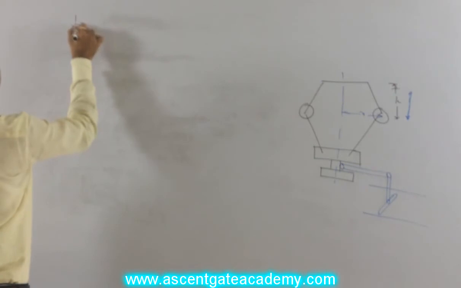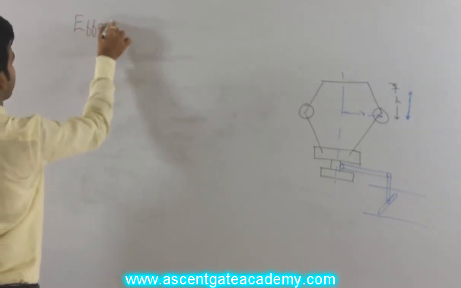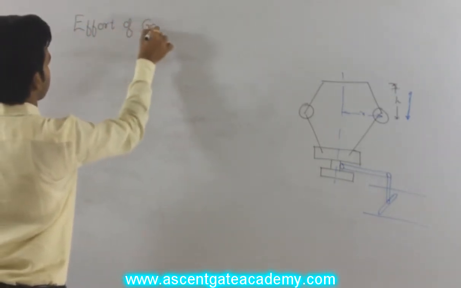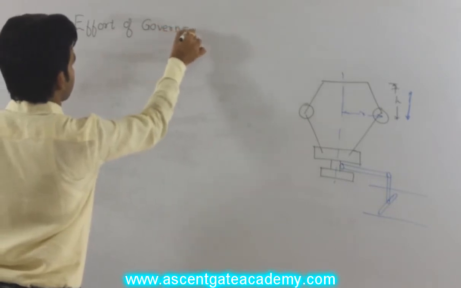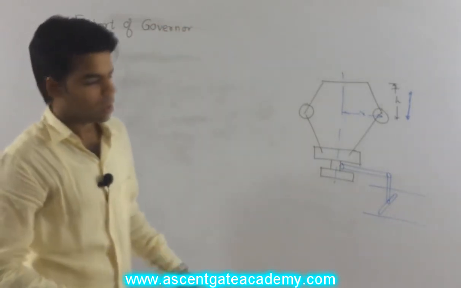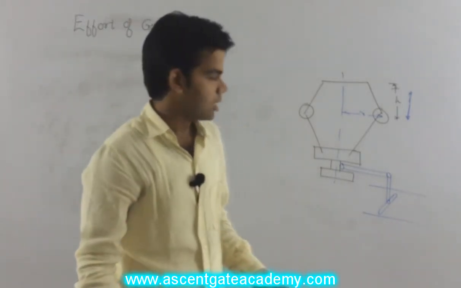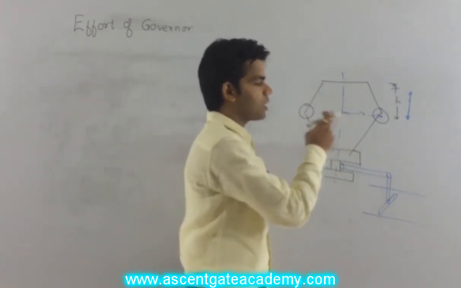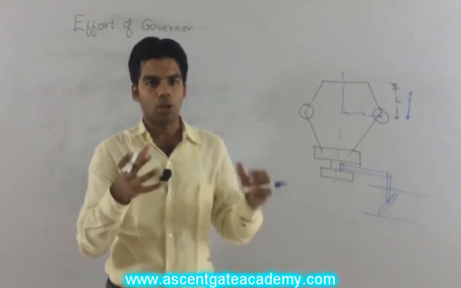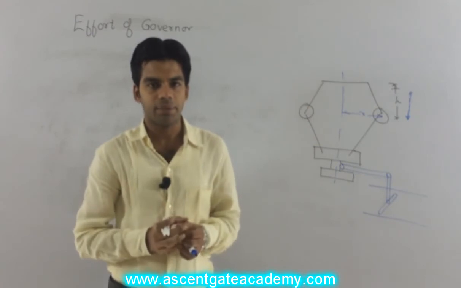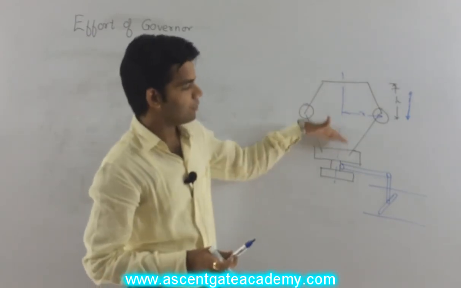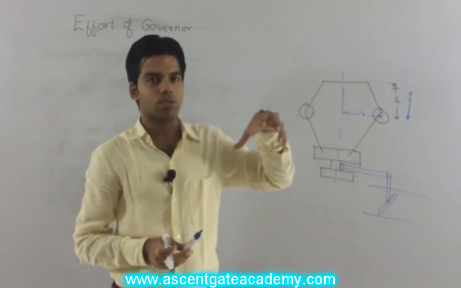Okay. Next topic is the effort of the governor. Now what actually is the effort of the governor? As you have seen, as the speed of the governor increases, the balls will move away from the center and lift the sleeve.